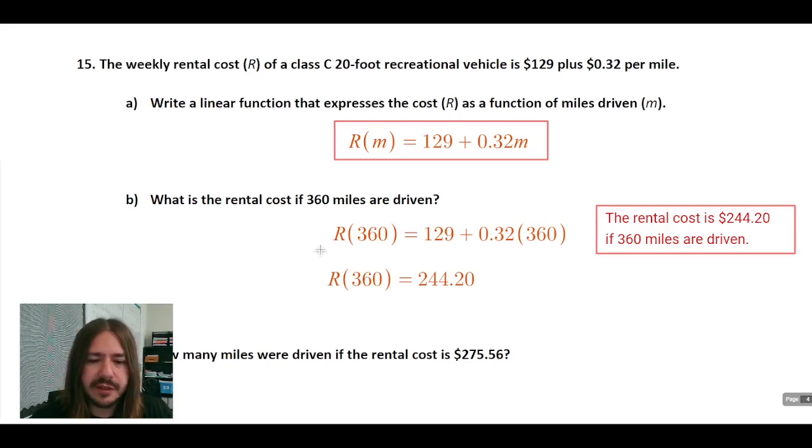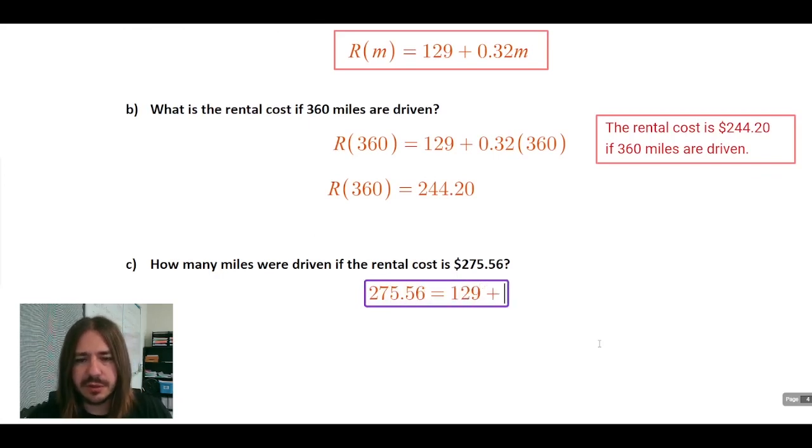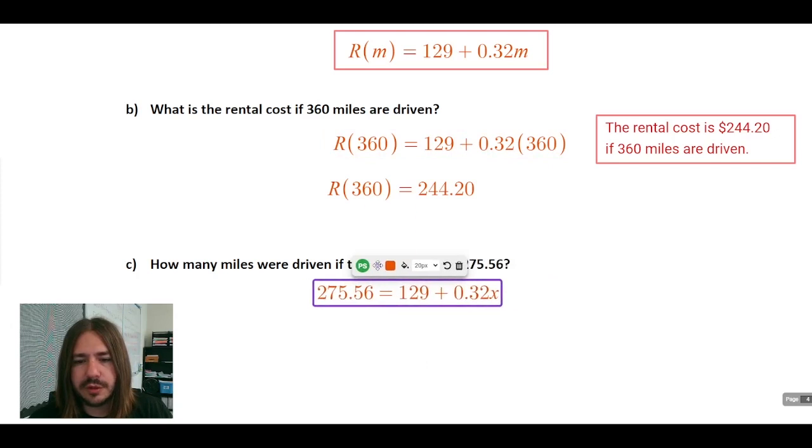Okay, so part C, how many miles are driven if the rental cost is $275.56? This is a case where we will set the equation that we initially wrote equal to 275.56, and then we will solve for x.